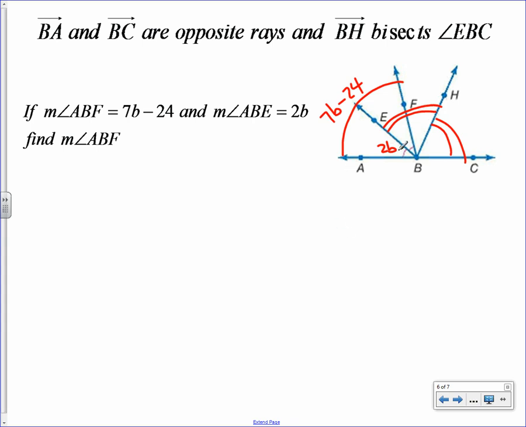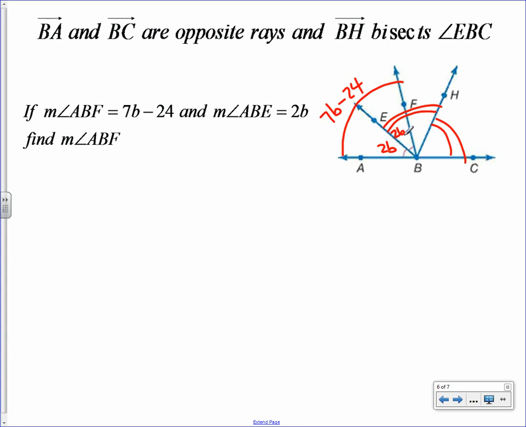So if this has one arc and it's 2B, right, she's right, this has one arc. If this is 2B, this is 2B. Everybody okay with that?